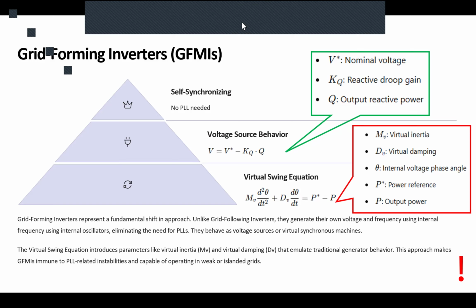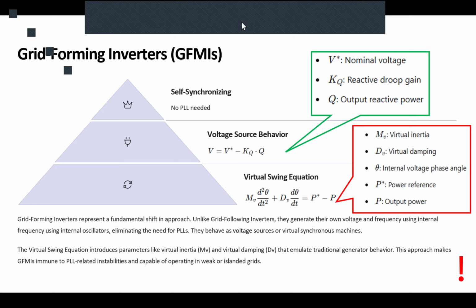The logic behind that is that the grid forming inverter, similar to the rotary machine, has a main control configuration to keep the voltage and frequency stable. And they both would mandate the same parameters.